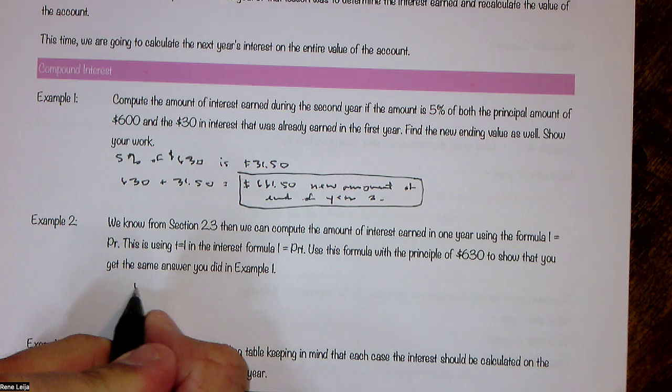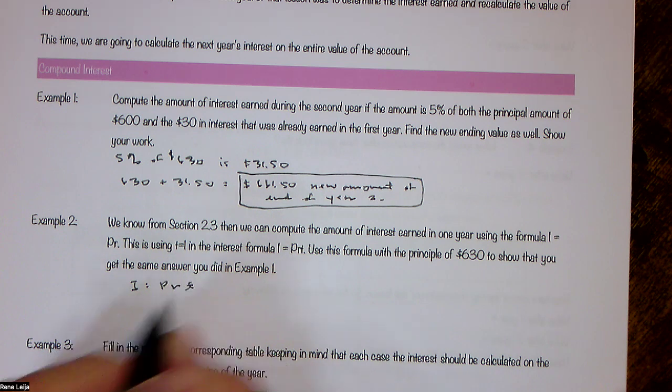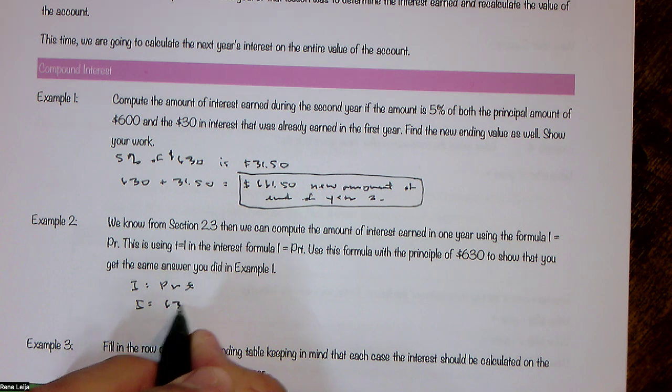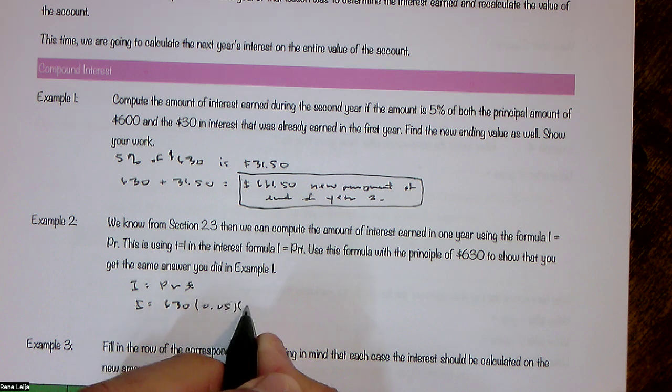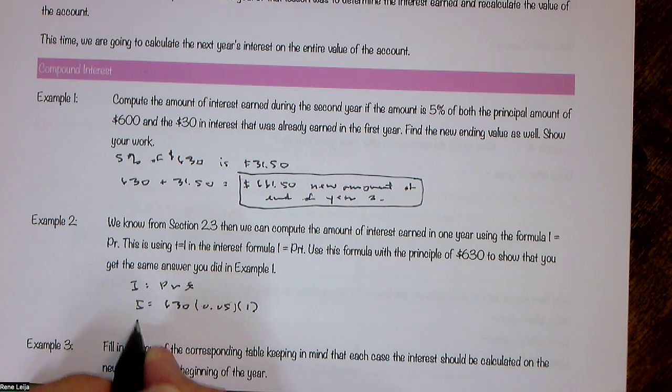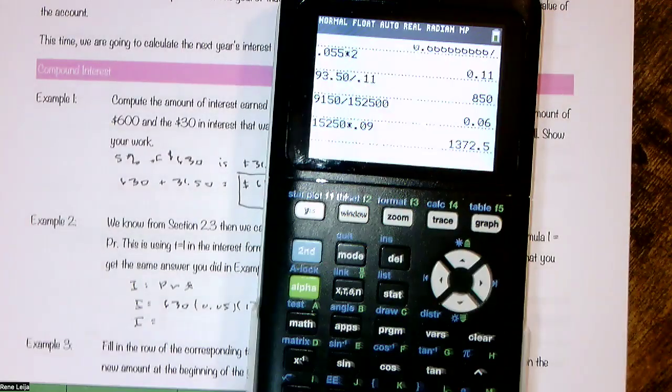So they want us to use I equals the principal times rate times time. Okay, so with the new principal of 630, our rate is 5%, so that's 0.05, and then time is just going to be 1. Okay, so we're just going to number crunch.